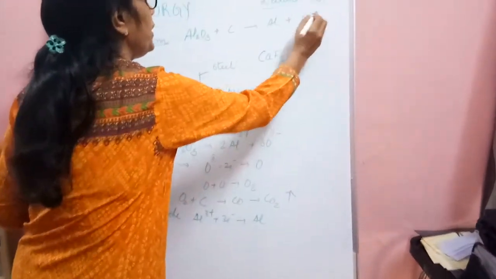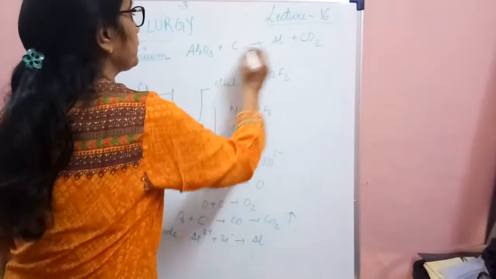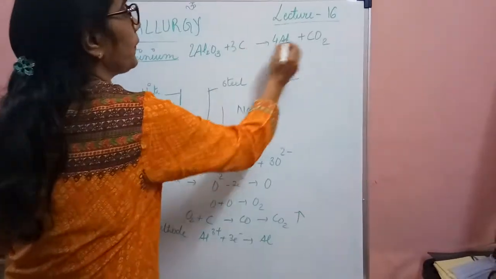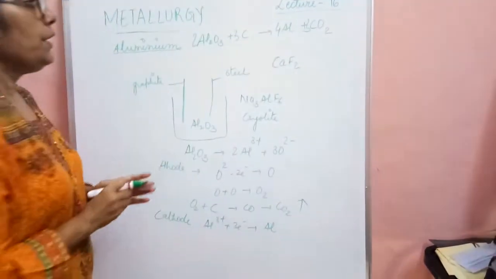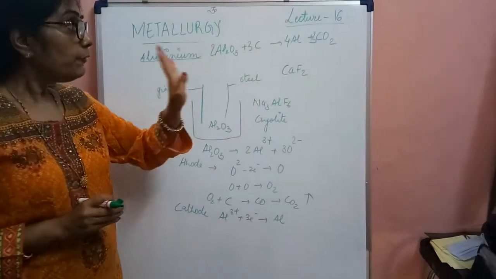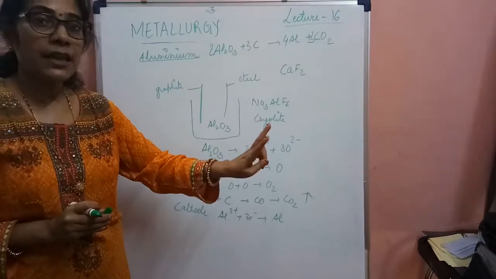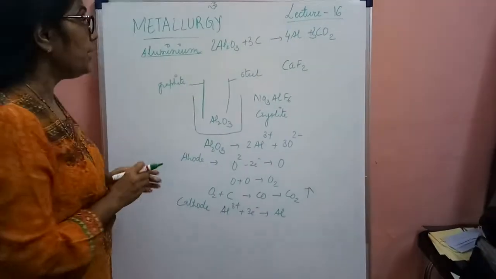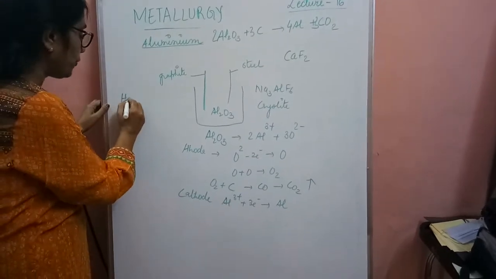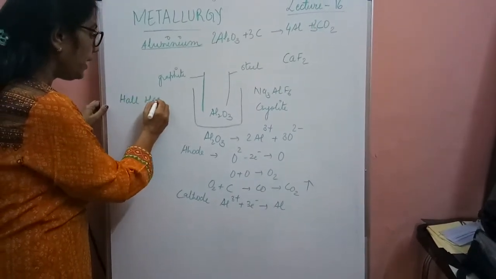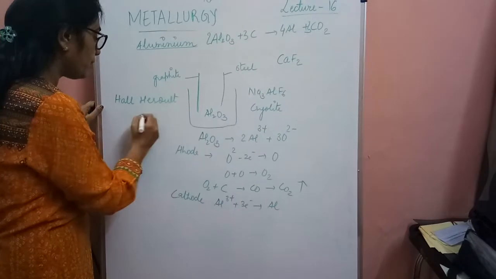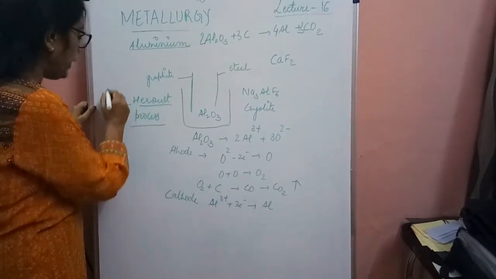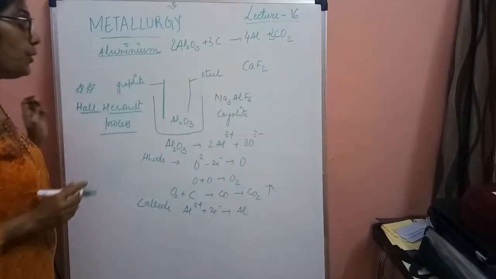This equation is very important. You write 2 points, that it acts as an anode and secondly it acts as a reducing agent. And the name of the process is also very important, Hall-Héroult process, the name of the process for electrometallurgy of aluminium.